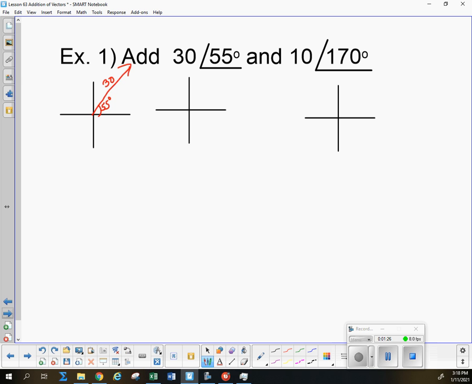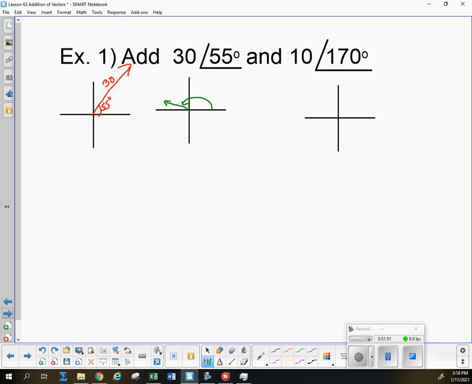Now for the 10 at 170 degrees, first thing I'm going to notice is my first vector was 30 long. This one is only 10 long, so it's going to be a lot shorter, about a third as long as the first one. This one is almost to 180 degrees. It is in the second quadrant, and that looks about a third as long as what I had before.